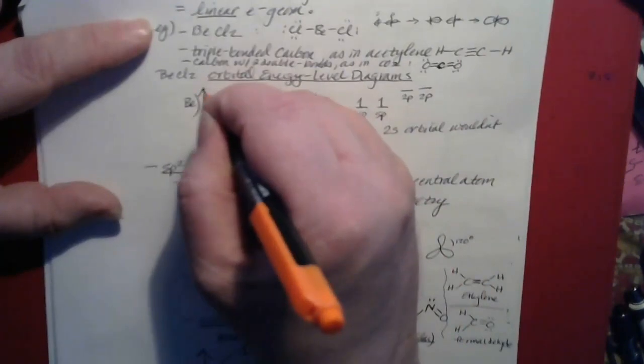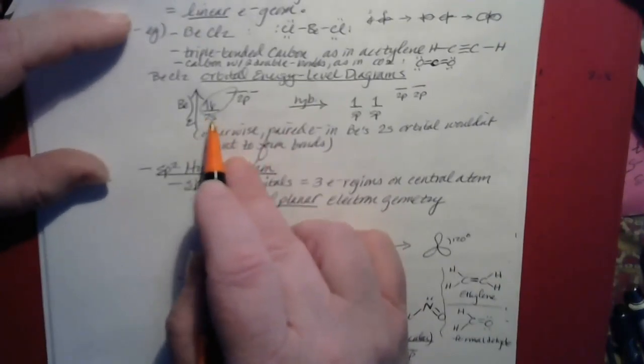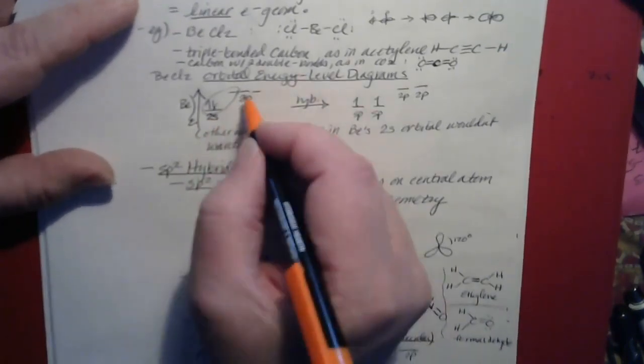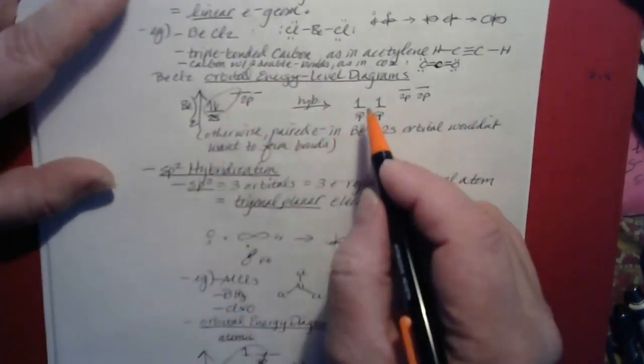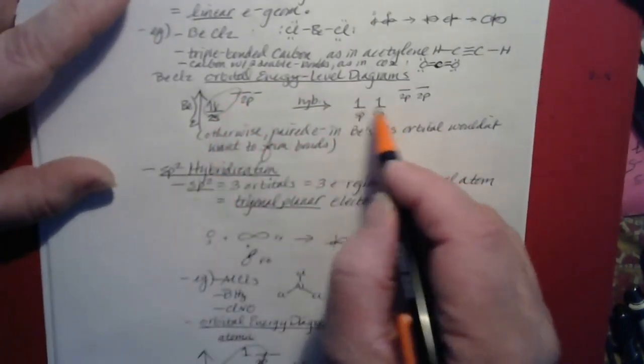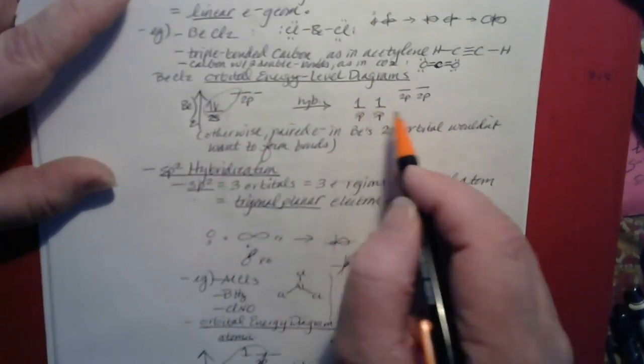Looking at the orbital energy diagrams, what happens here in terms of energy is that the valence shell of the beryllium has two electrons in the 2s orbital and no electrons in the 2p orbitals. The hybridization involves the 2s orbital and one of the 2p orbitals, and you get two sp hybrid orbitals of equal energy to each other.